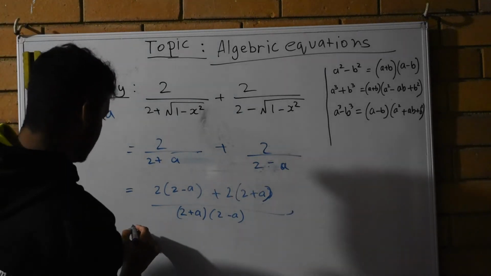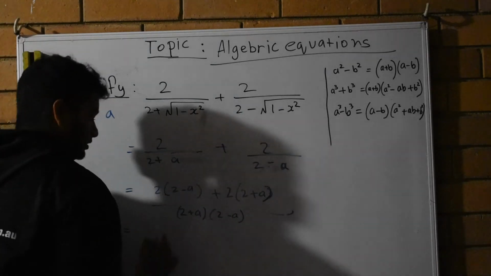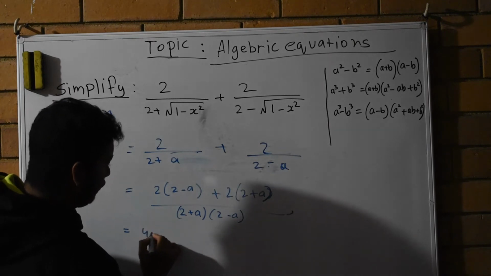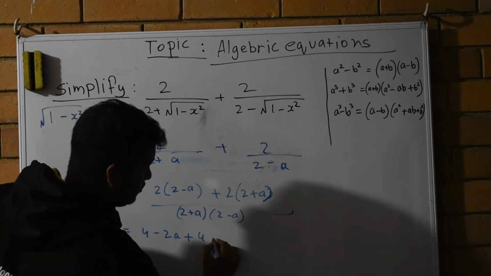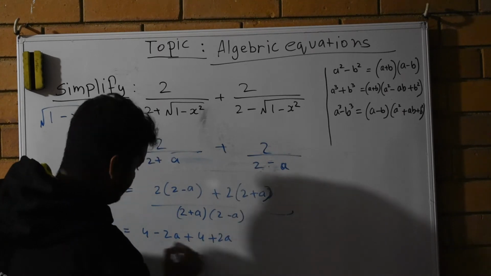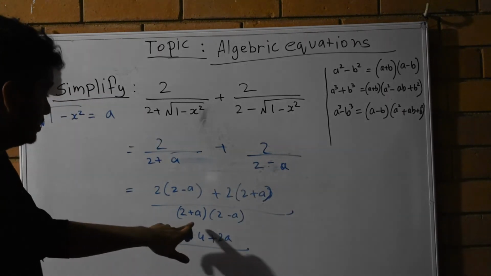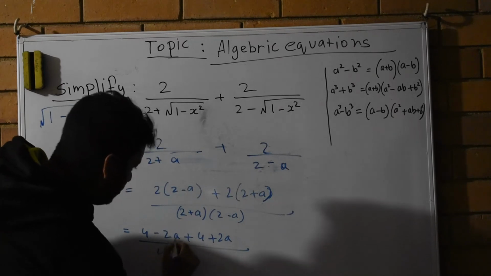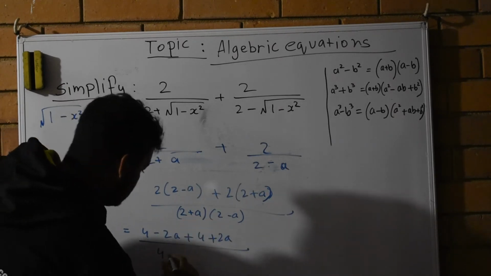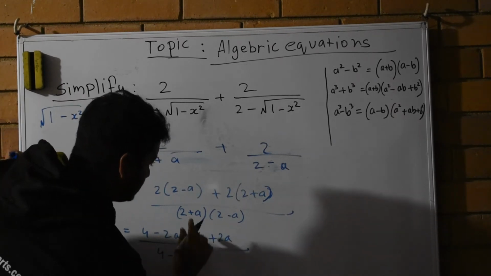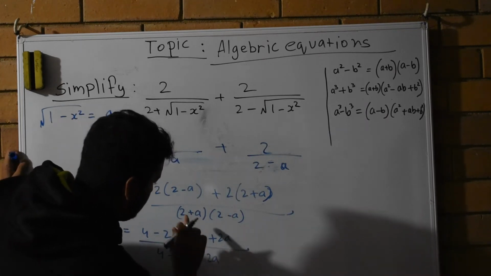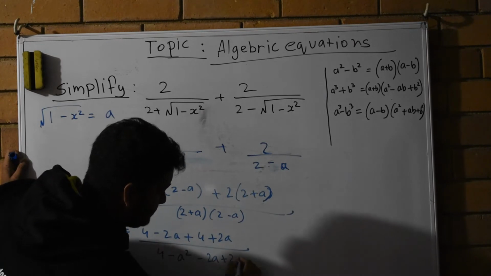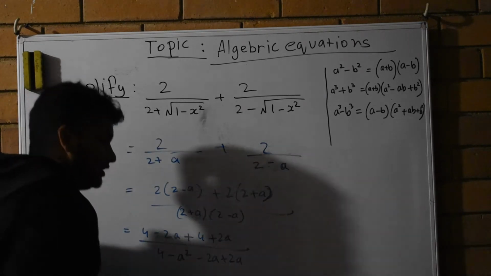So that gives me 4 minus 2a plus 4 plus 2a over 4 minus a squared. Now minus 2a and plus 2a cancel.